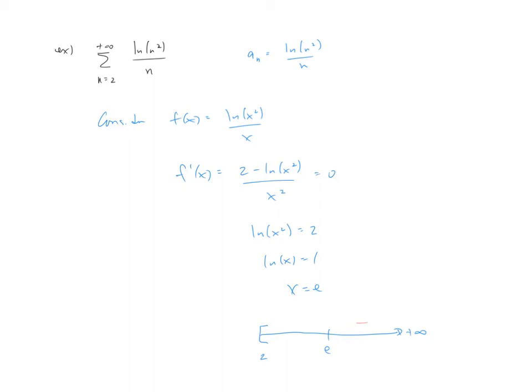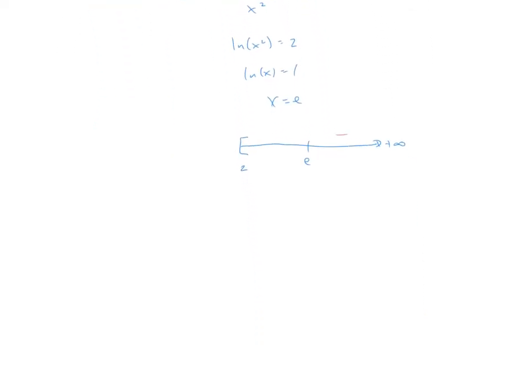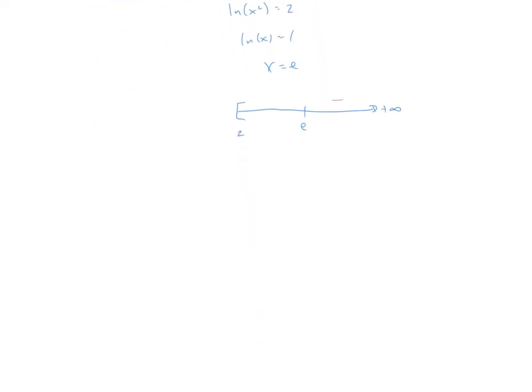Okay, so we've checked off all the boxes: positive, continuous, and decreasing. Now we're ready to move forward using the integral test with this function right here. So let me slide this up and get it set up with a limit.